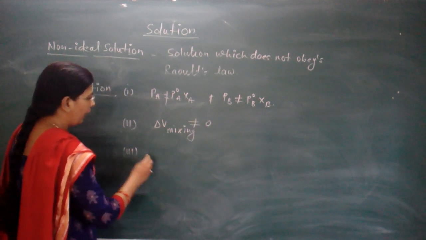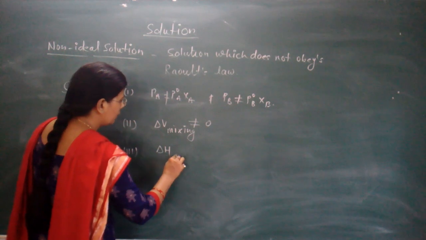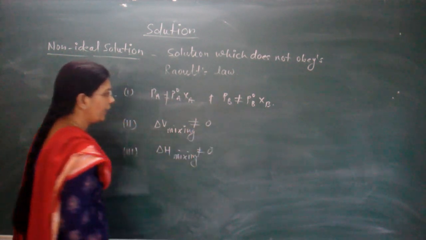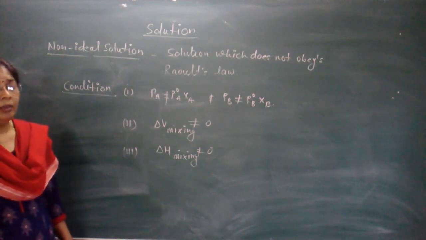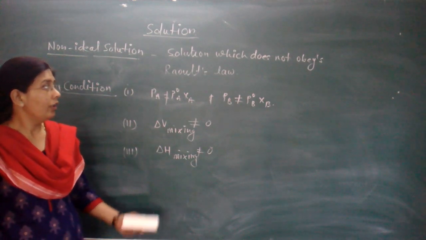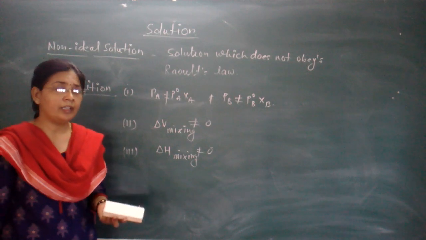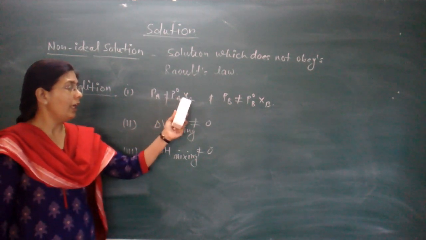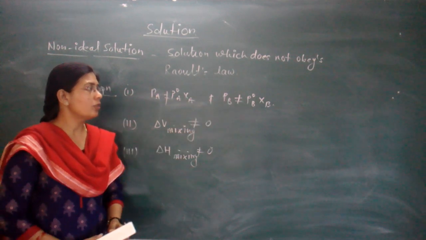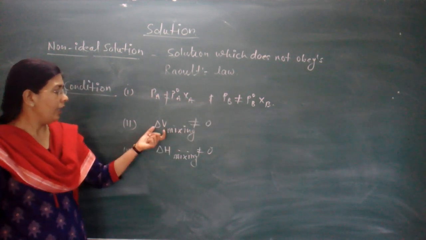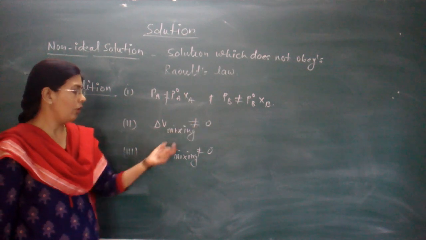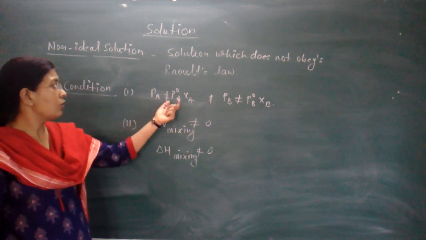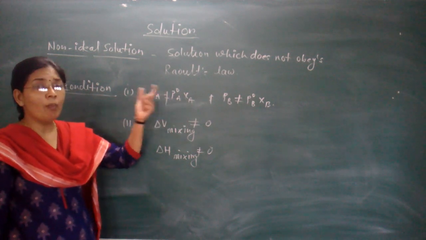And third, the enthalpy change is also not equal to 0. So these are the three conditions for a non-ideal solution. If PA is not equal to P0A XA, it may be more than or it may be less than.